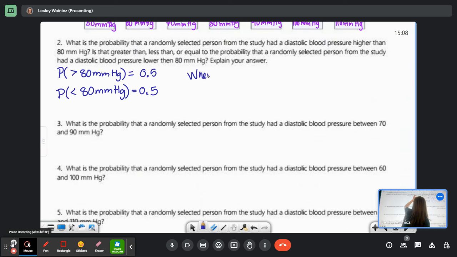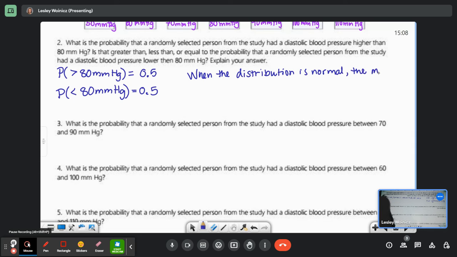When the distribution is normal, the mean divides the data in half. So half of our data should be above the mean and half should be below.